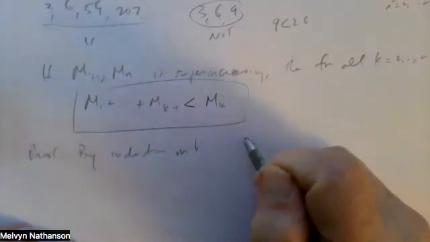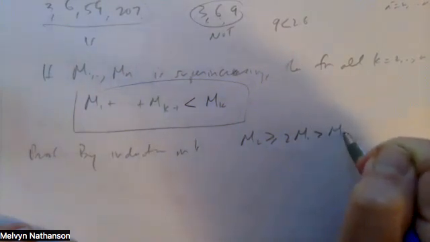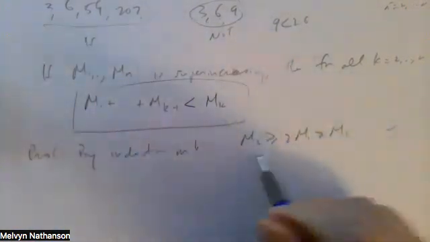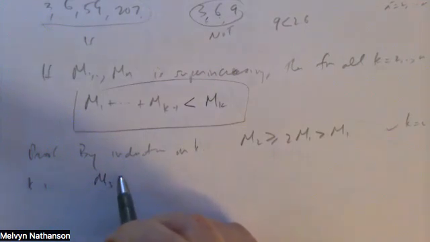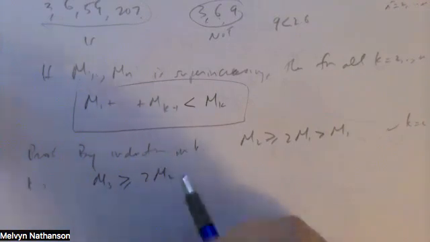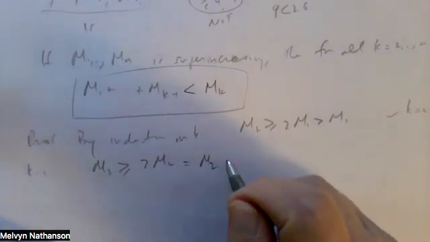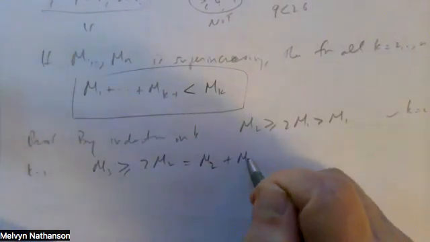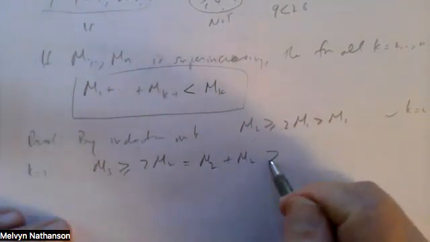First of all, M2 is at least twice M1, so it's bigger than M1. So it's true for k equal 2. What about k equal 3? Well, M3 is at least 2M2 because the sequence is super increasing. And 2M2, they teach you somewhere in preschool, is M2 plus M2. And M2 is strictly bigger than M1.